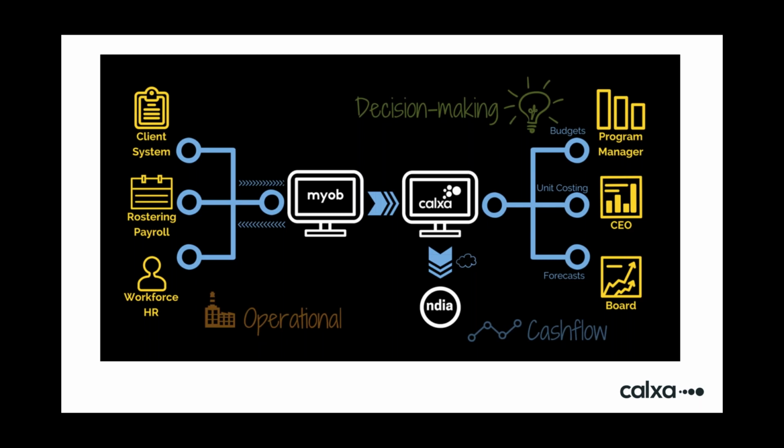And all of these are the inputs into the accounting system. And then at the other end, you've got the outputs. It's the reporting to program managers, to department managers, to the board, to the CEO, and giving people the information that they need to make decisions in the organization.